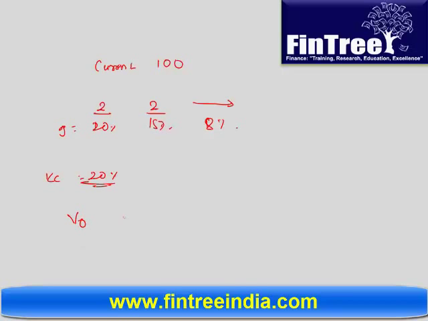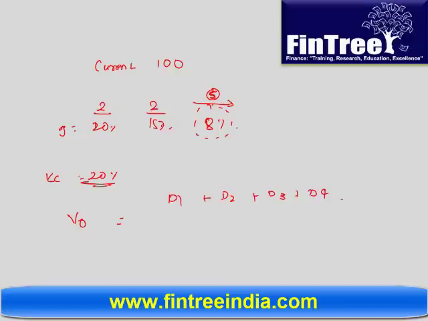Value of stock at time 0 is equal to D1 plus D2 plus D3 plus D4. Gordon growth formula can be applied only and only when the dividend growth is constant, which means only when you reach a G of 8, then Gordon growth formula can be applied. So this would be first used in year 5. The first constant dividend you would get is in year 5.